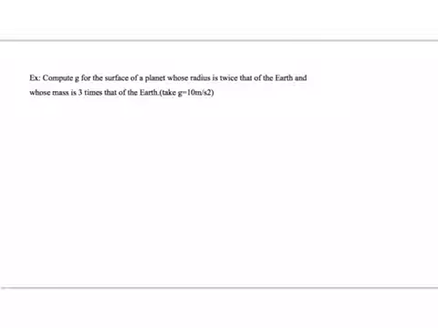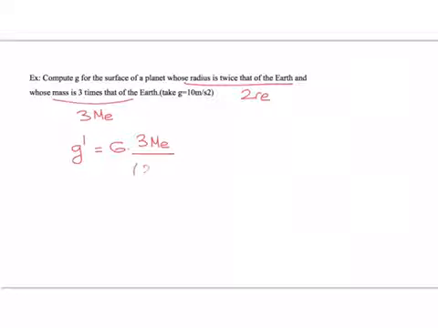Now let's do an example. Compute the gravity for the surface of a planet whose radius is twice that of Earth and mass is 3 times that of Earth. It has a gravity equal to G times 3 M Earth over 2 r Earth squared, which is equal to 3 over 4 G M Earth over r Earth squared.